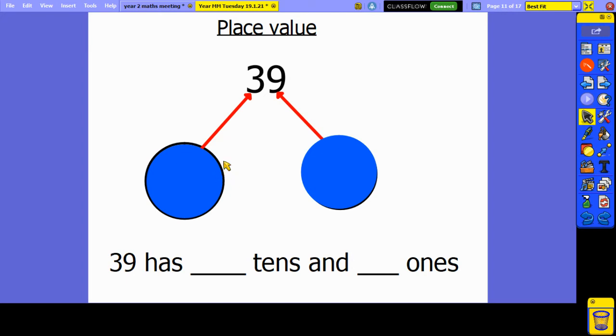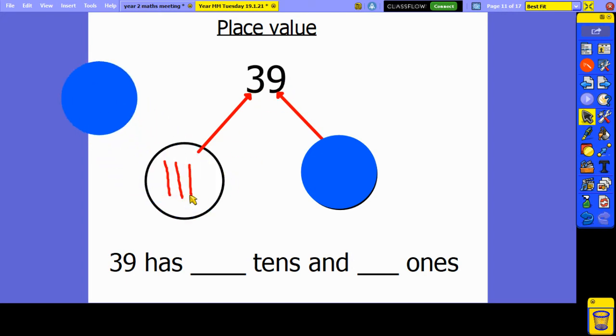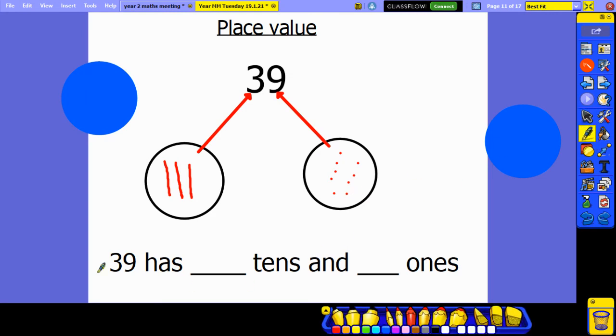Let's have a look. 39 has 3 tens, 30, and 9 ones, 9, 30, and 9. Help me with the sentence. 39 has 3 tens and 9 ones. Excellent work.